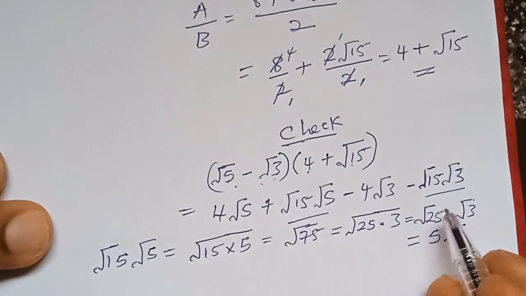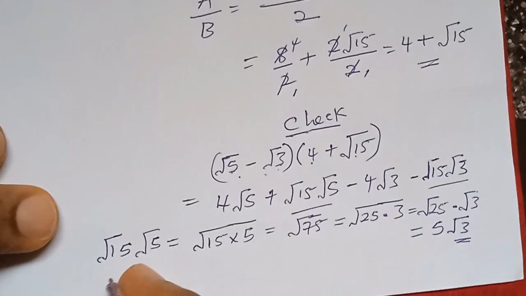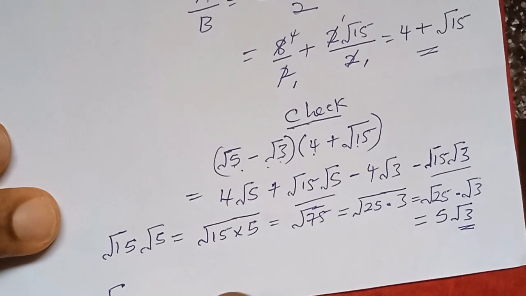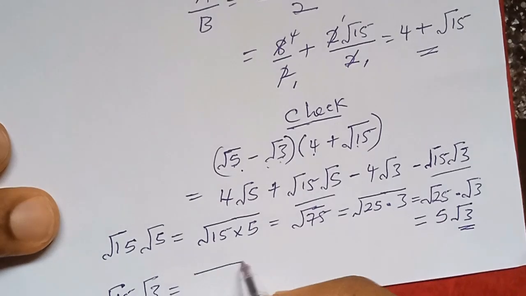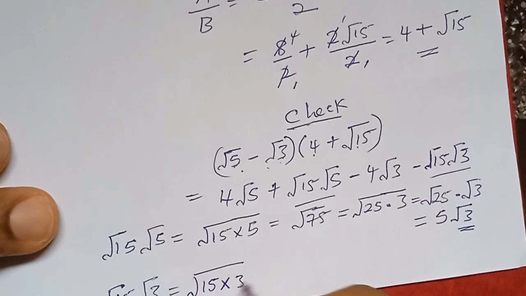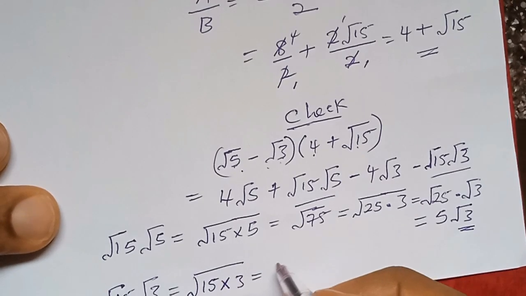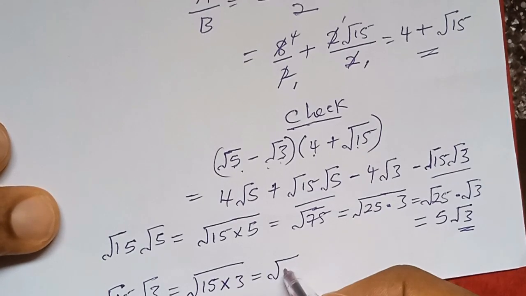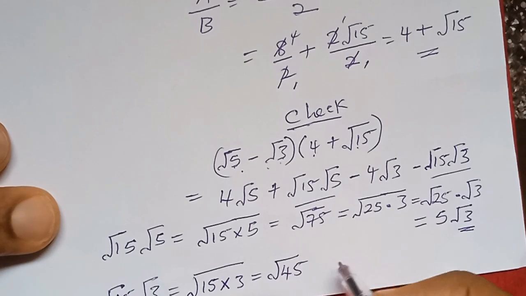We also simplify the other one, which is square root of 15 and square root of 3, which can also be expressed as square root of 15 multiplied by square root of 3. And this can further be given as square root of 45.